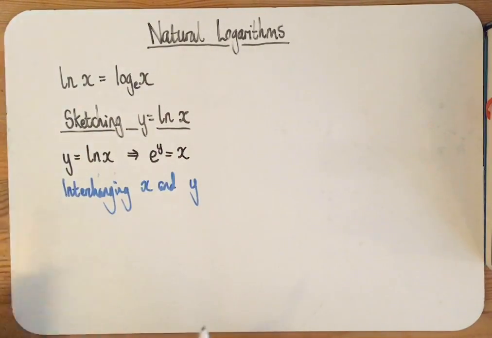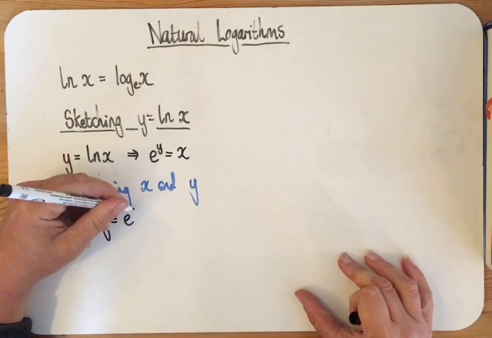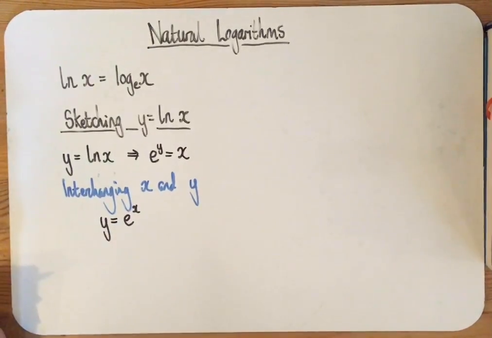And so swapping over my x's and y's, y is equal to e to the power of x. And so e to the x and ln x are inverses of each other.